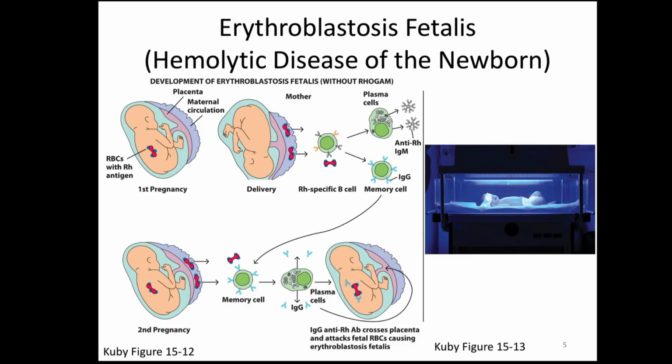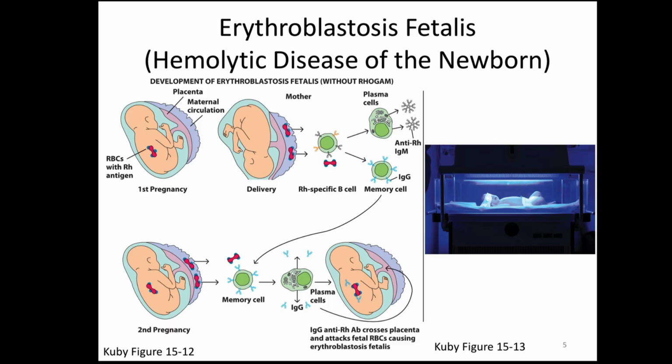What will happen in this disease is that we'll have a mom who is Rh minus. And so if we have a mom who is Rh minus, is Rh a self-antigen or a foreign antigen to her? It's a foreign antigen to her. Has she ever had an immune response to the Rh antigen?